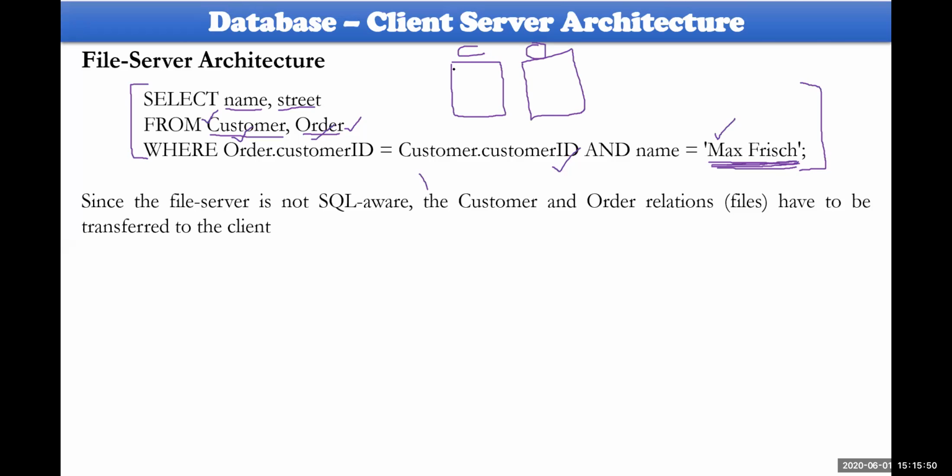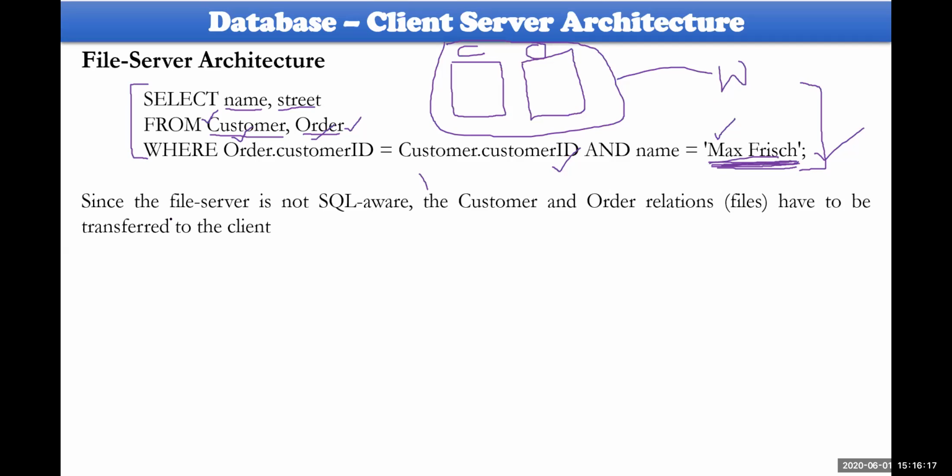Both will be collected and sent to that workstation. On execution of this statement, both databases will be forwarded to the workstation. Then you have to write some more logic to extract what exactly you require. This is the problem with the file server.